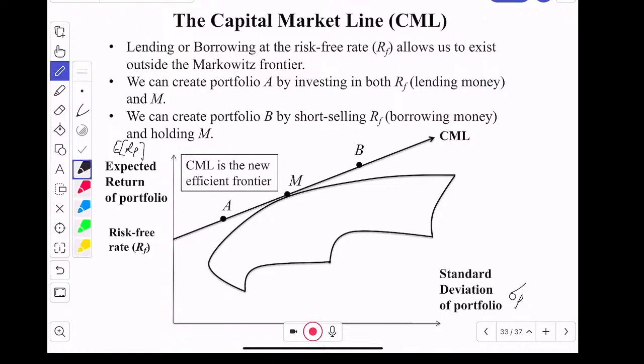And this is the big thing: I am going to introduce the risk-free asset there. Why is this here? Because the expected return on T-bills is RF and the standard deviation is 0.